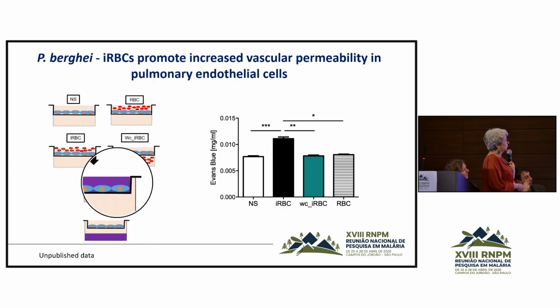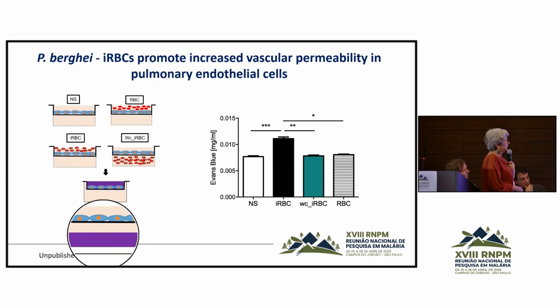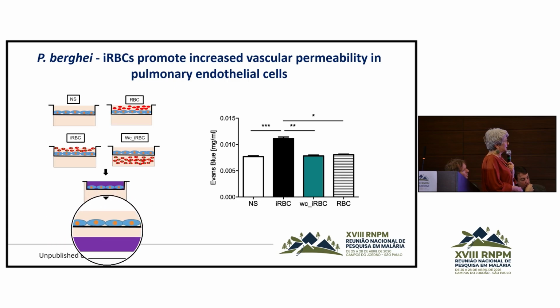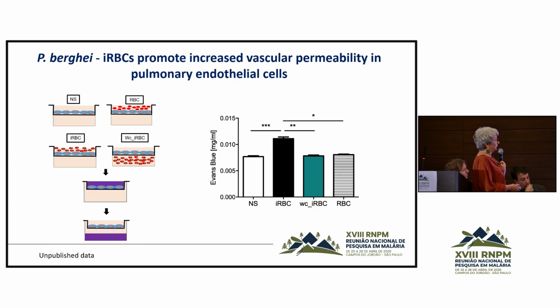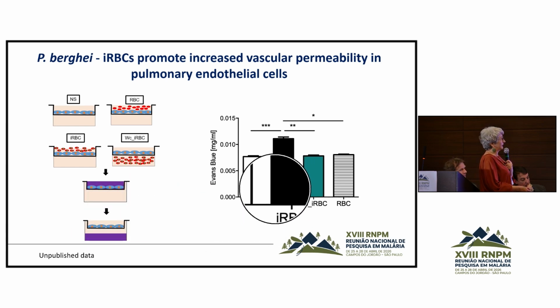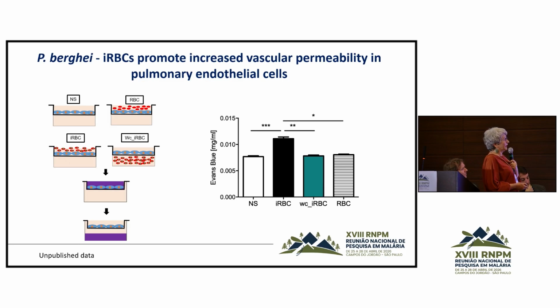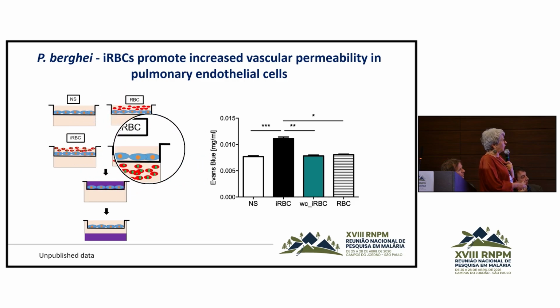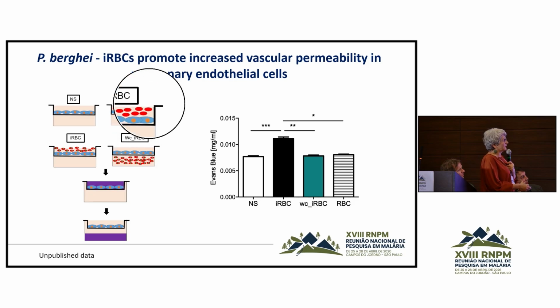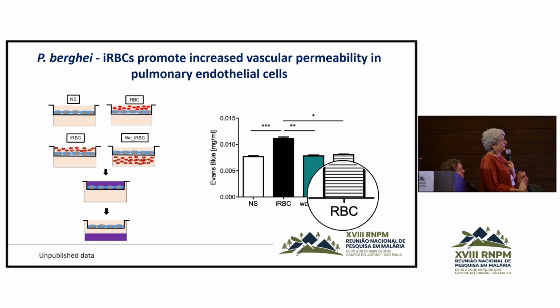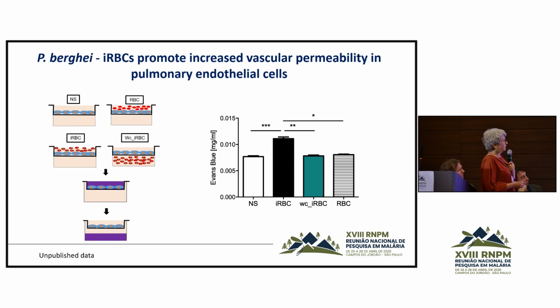We stimulated these cells, and then we put this dye called Evans blue, and then we measured the amount of Evans blue in the inferior compartment, and we saw that the infected red blood cells presented a greater permeability compared to non-stimulated, or the stimulated without the physical contact of the IRBCs with the endothelial cells, or with the non-infected RBCs.